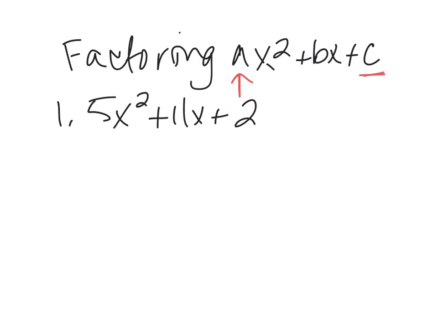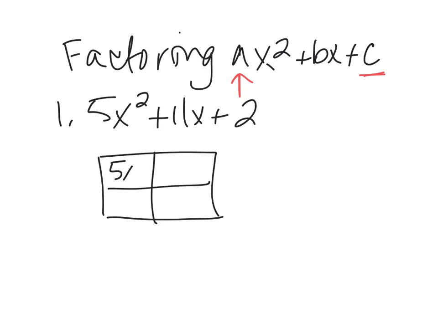Okay, so the box method: we have to put 5x squared here and 2 here. This one's not so bad because 5 is prime and so is 2, so you really only have one combination. 5x and x is the only way to get 5x squared, but now it matters where you put 2 and where you put 1.